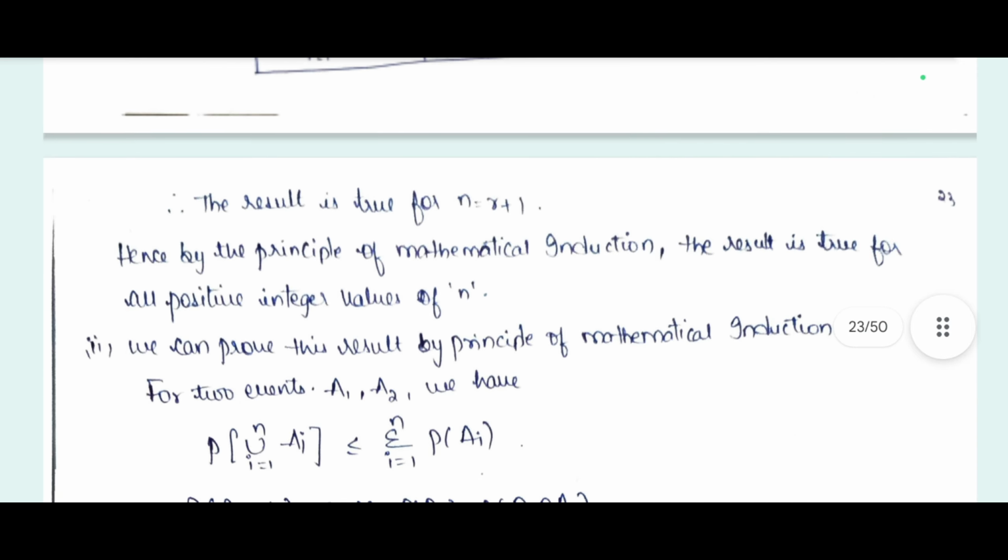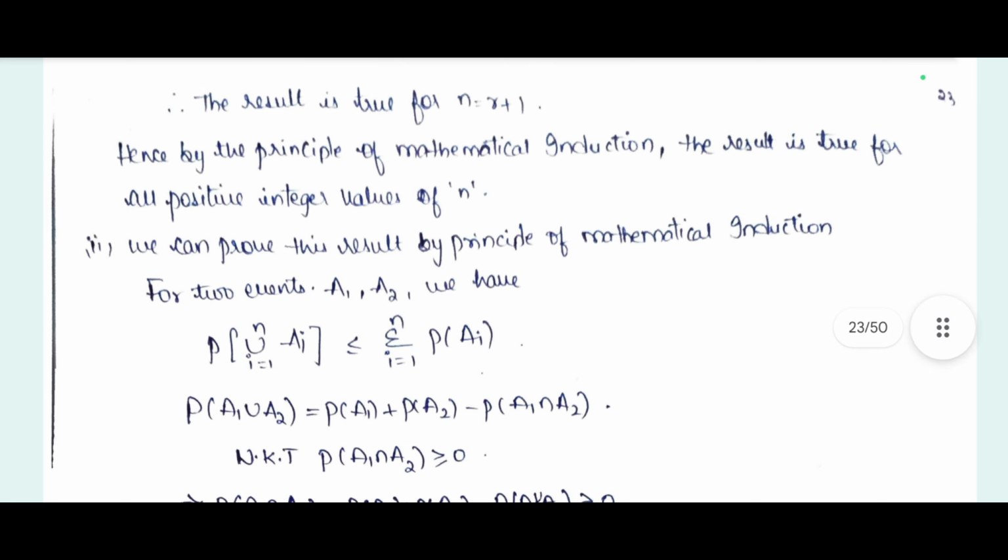We can prove the second statement by the principle of mathematical induction again. For 2 events A1 and A2, we have the values like this. Then P of A1 intersection A2 is equal to P of A1 plus P of A2 minus P of A1 union A2, which is always greater than or equal to 0.